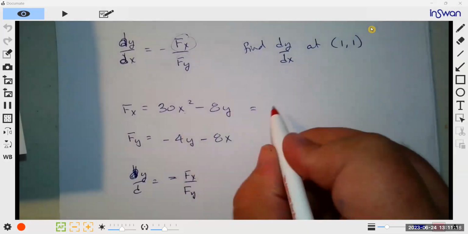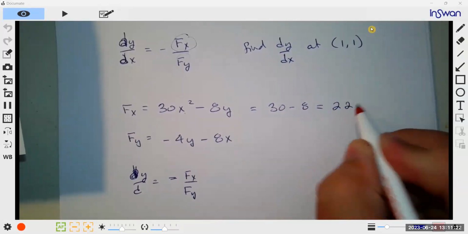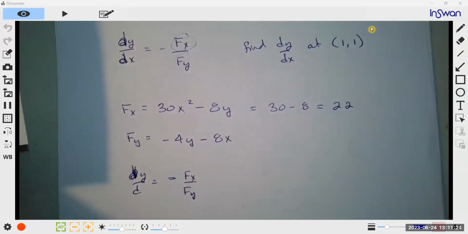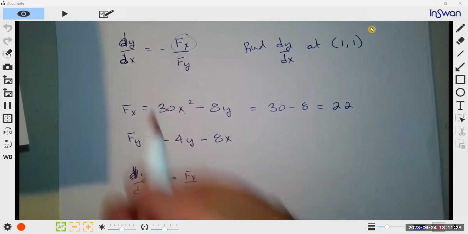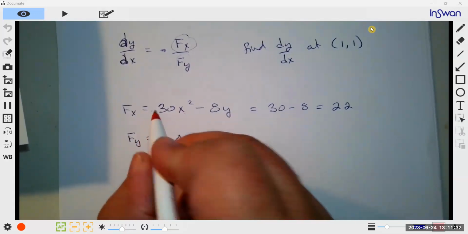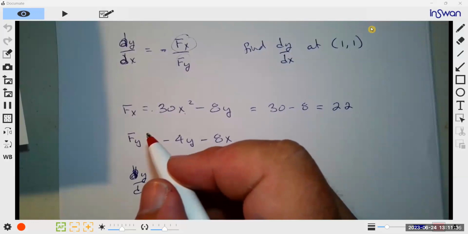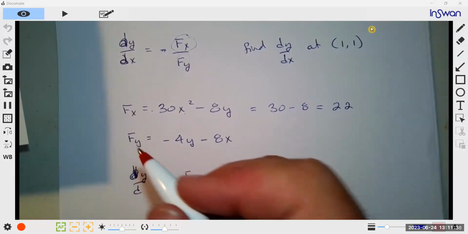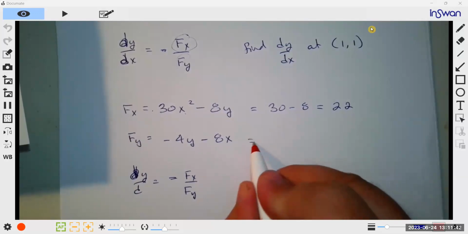So when x is 1, it's 30 minus 8, it's a minus F_x over F_y.